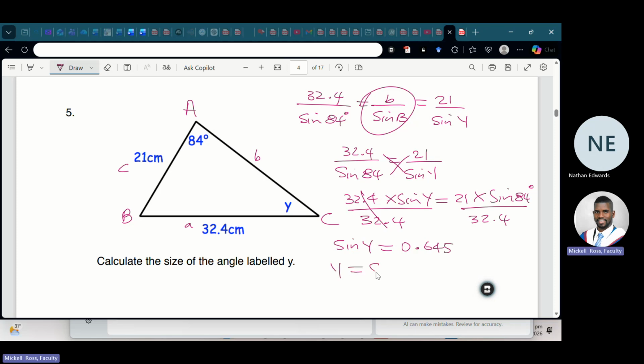So y is going to be equal to sine inverse of 0.645. So we're going to get that angle y is approximately equal to 40.2 degrees.